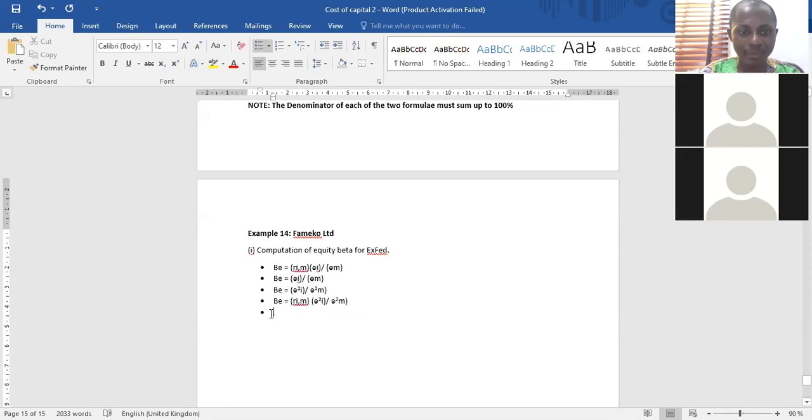These are the 4 relevant formulas for computing beta.